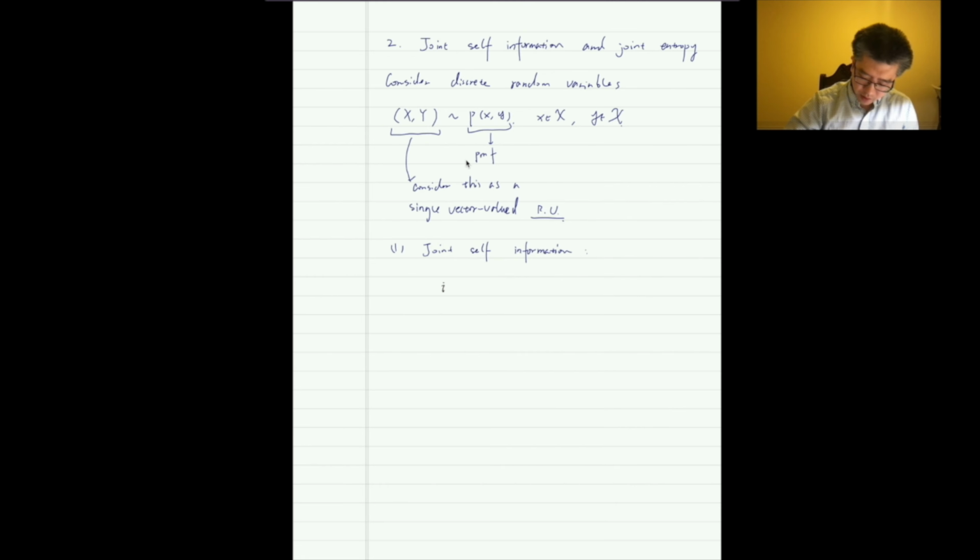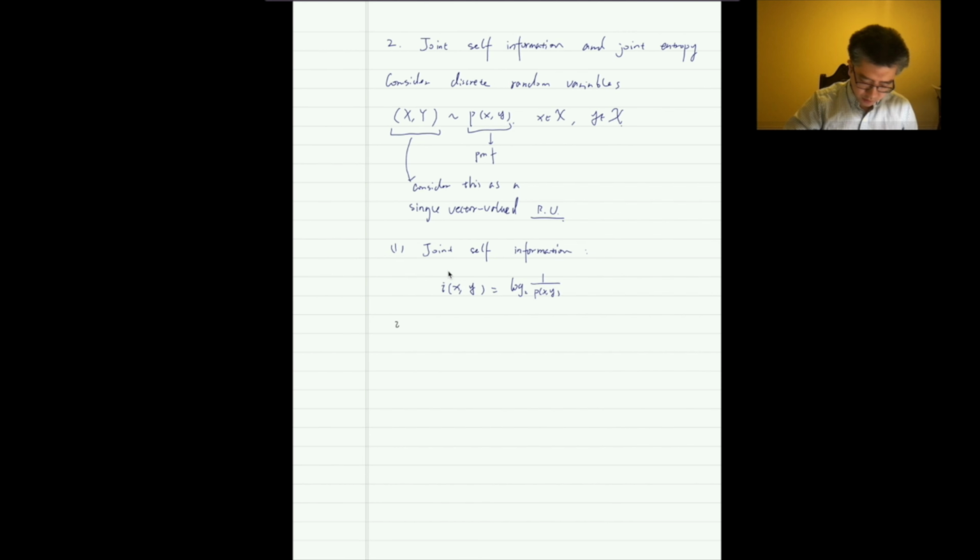We write I(x, y) equals log base 2 of 1 over p(x, y). The meaning of this is identical as before. The only difference now is that the outcome is a pair instead of a single value. So this is basically the joint self-information.